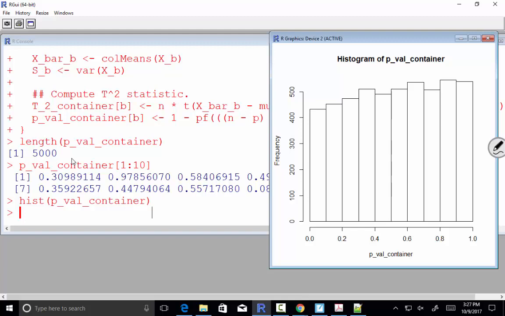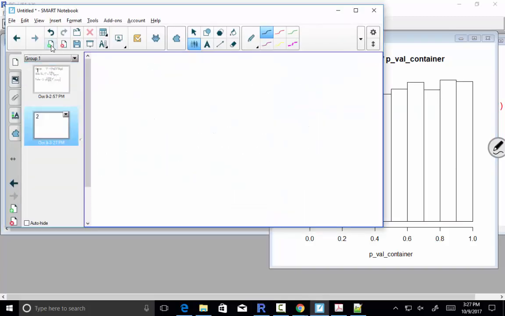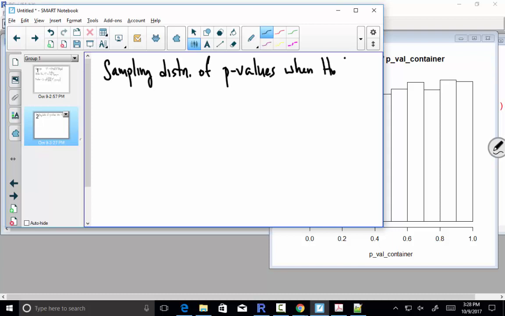So let me write that down. The distribution of p-values when the null is true is uniform between 0 and 1.